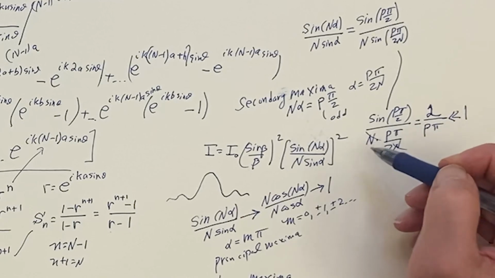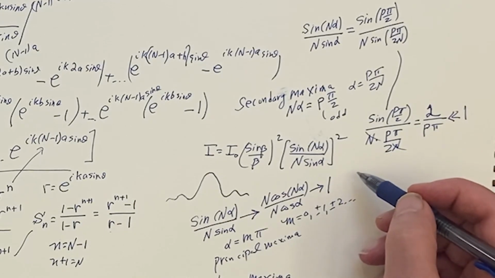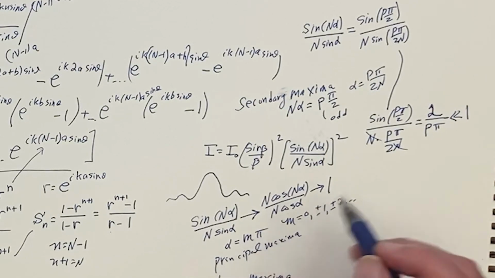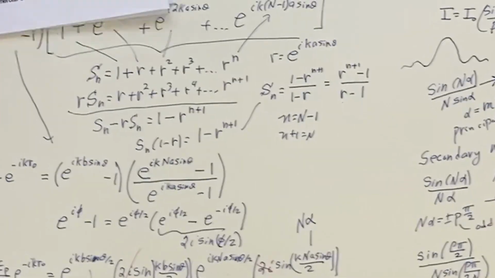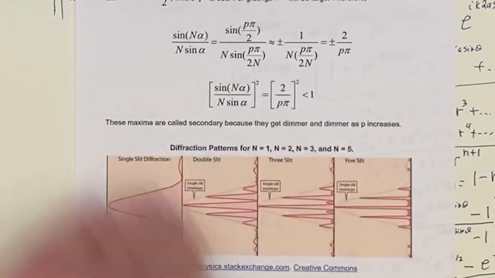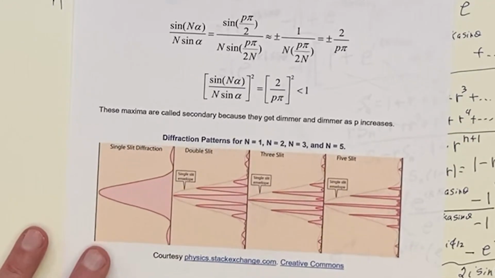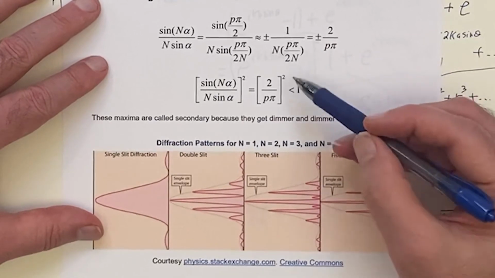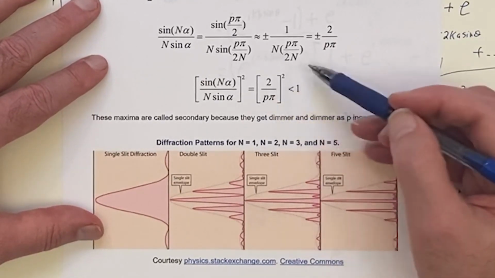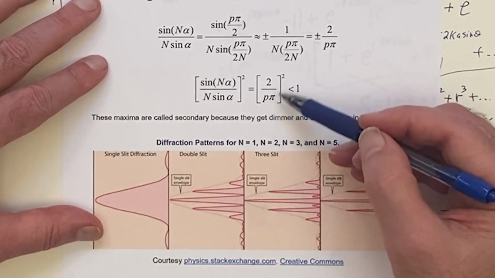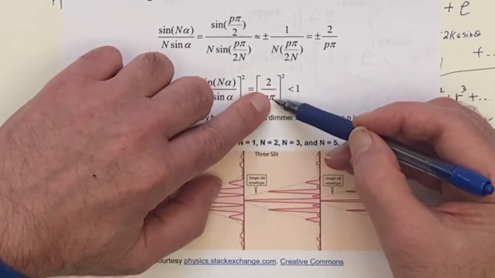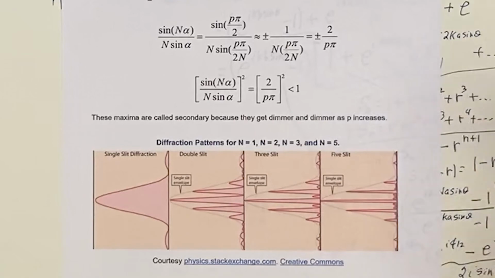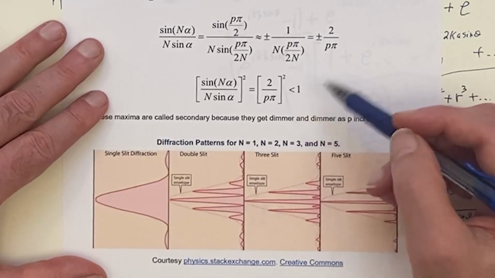The principal ones are the others, you know, where you have the case where alpha is pi times n. So let's look at some of these. Let's look here at the situation. And by the way, you had to square that thing anyway, so that's even worse if that's less than 1. You know, if that's 2 over pi, 2/3, and you got to square it. That's the first one. So then if p is 100, very, very, very low.